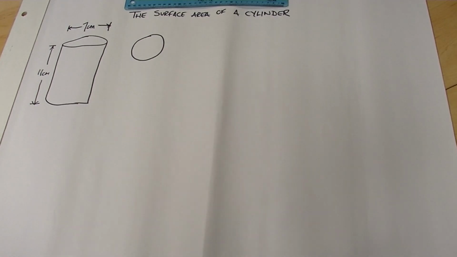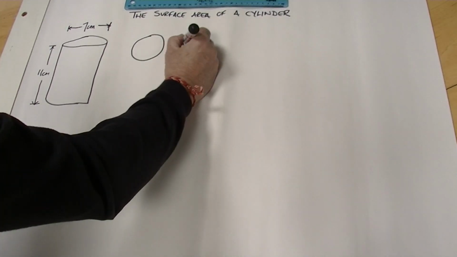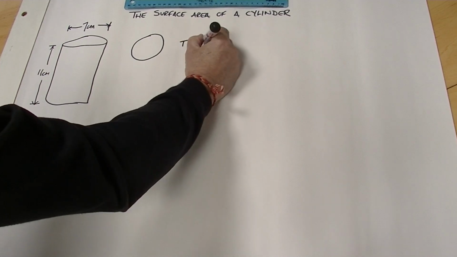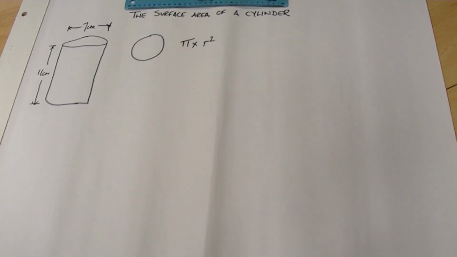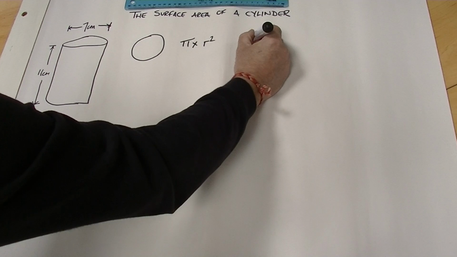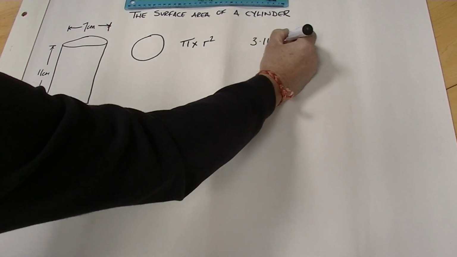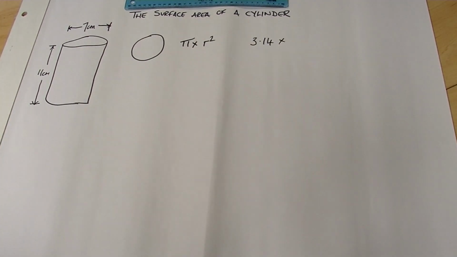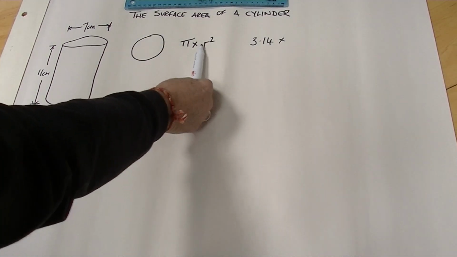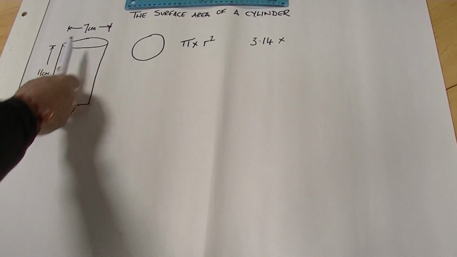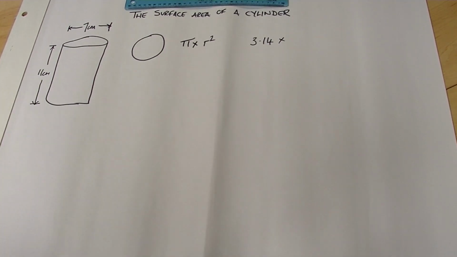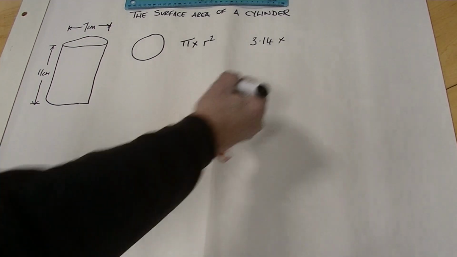And for that we need our formula. Pi times the radius squared. We know that pi is 3.14. We also know that the radius is half of the diameter. In this case the diameter is 7 centimetres, so the radius is going to be 3.5 centimetres.